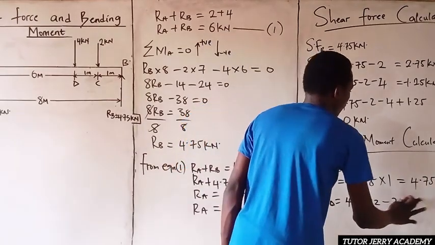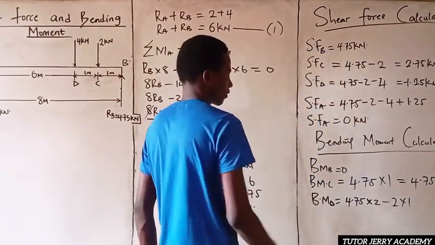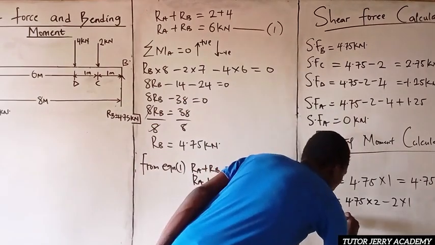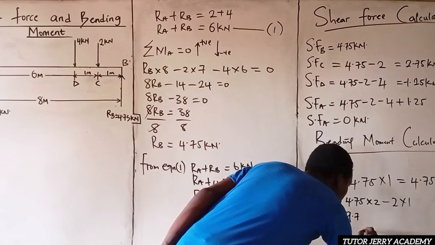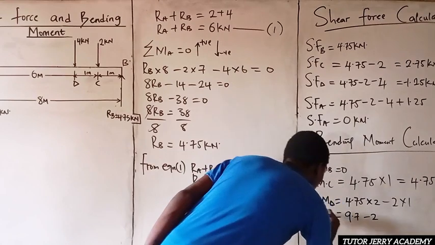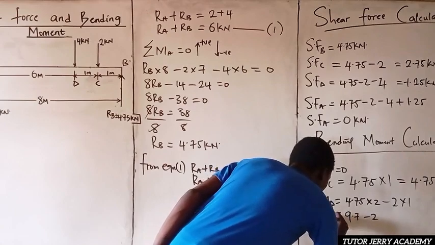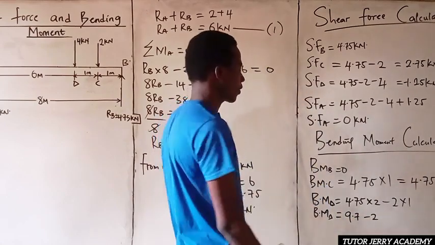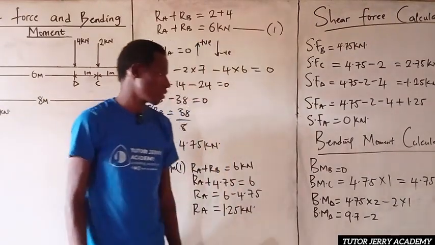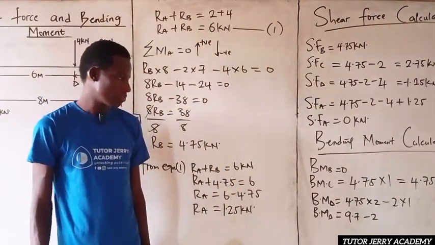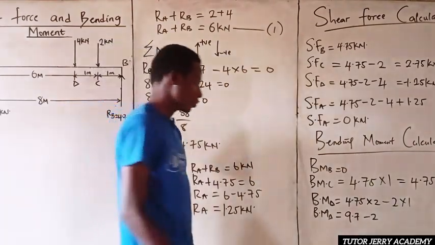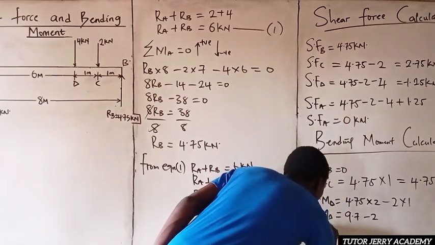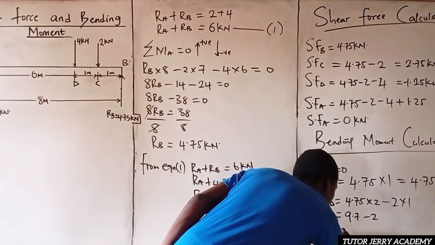So let's write this down. So this is 9.5 minus 2. This is our bending moment at D. So 9.5 minus 2 will be 7.5. So this will be 7.5.